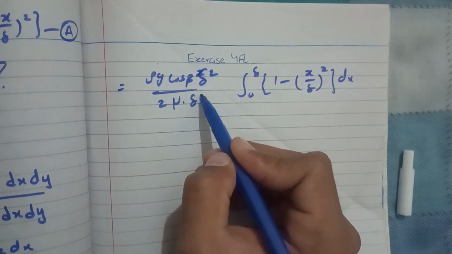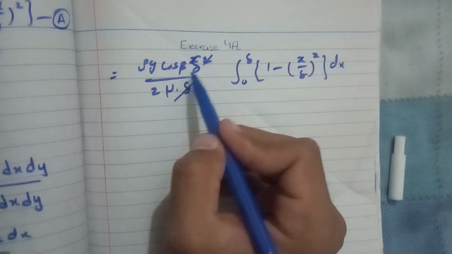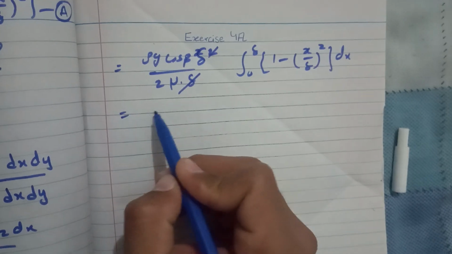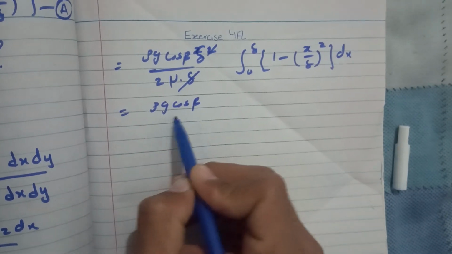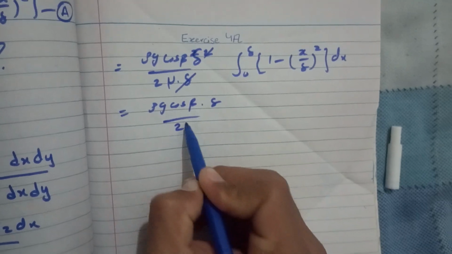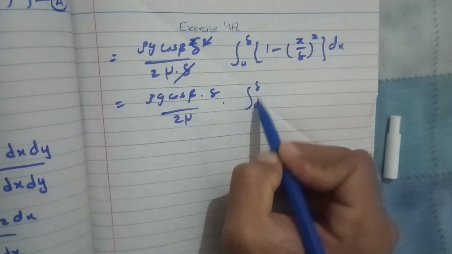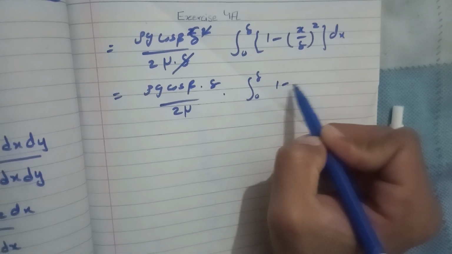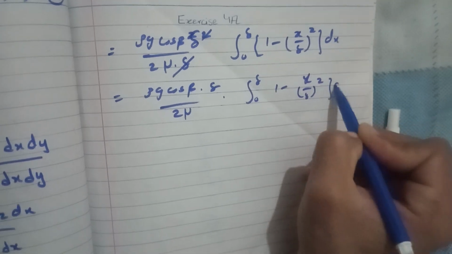Here we can cancel this delta with delta square, so we are left with only one delta outside. So we write this equation again: rho g cos of beta into delta over 2 viscosity into the integral with limits 0 to delta of the function 1 minus x over delta whole square dx.